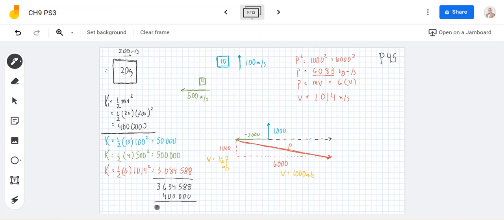So it looks like we added 3,234,588 joules in the explosion.